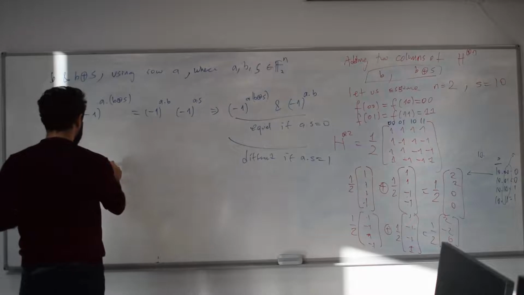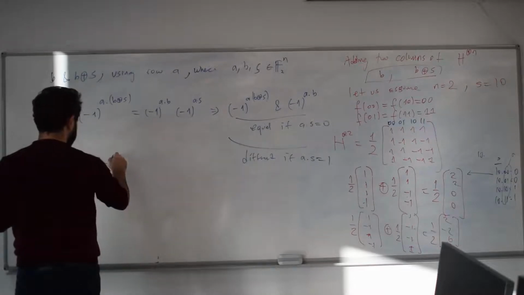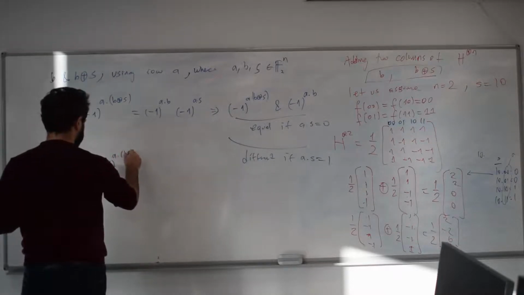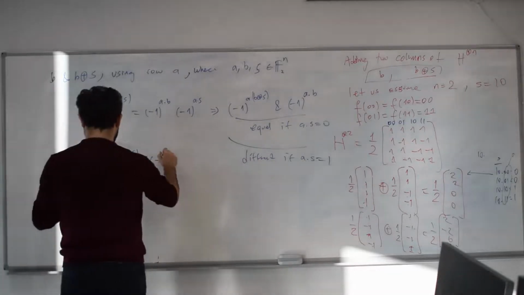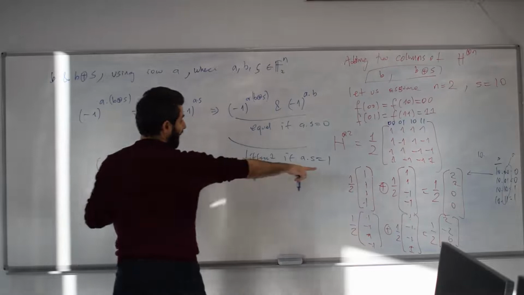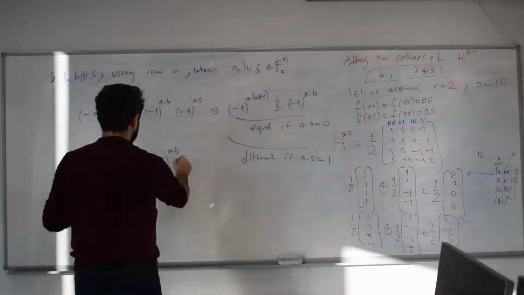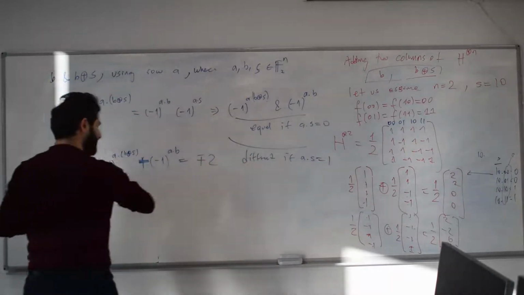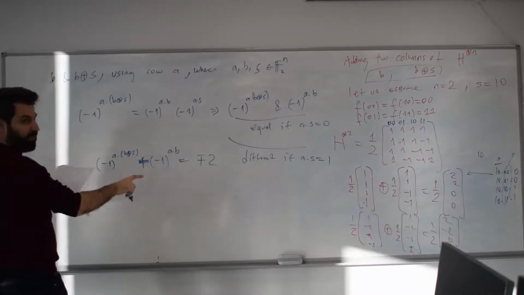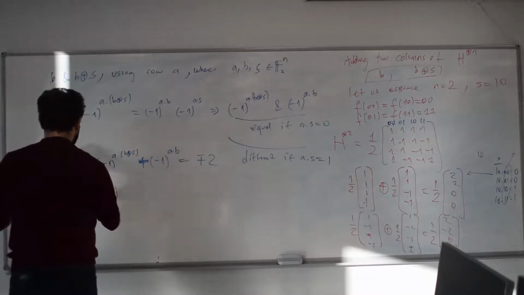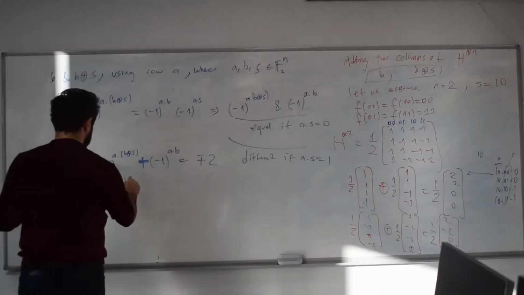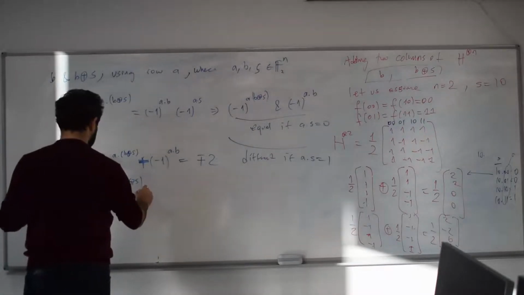Finally, what I just said is A·(B XOR S) plus (-1)^(A·B). This is exactly what I'm doing here, adding the columns. You either get 2 or minus 2, depending on whether these are 1 or minus 1, but they're equal. Of course, this is true for n equals 2.